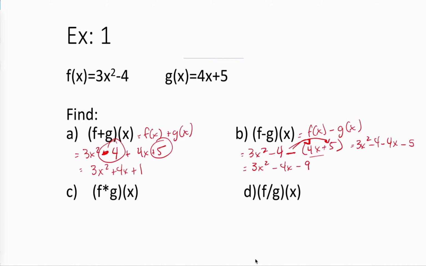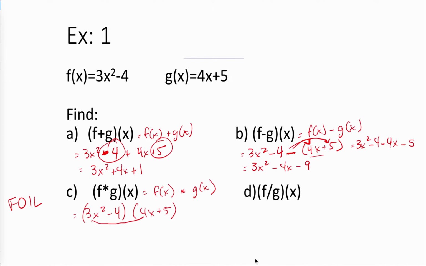To multiply these functions, we're going to multiply f of x times g of x. So (3x squared minus 4) times (4x plus 5). To multiply these, we need to FOIL.